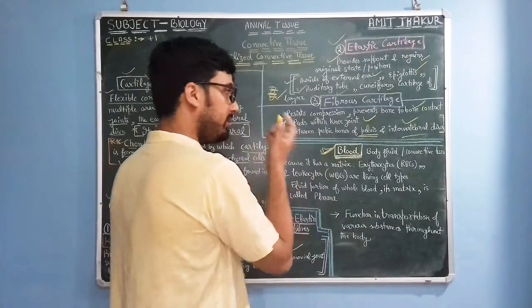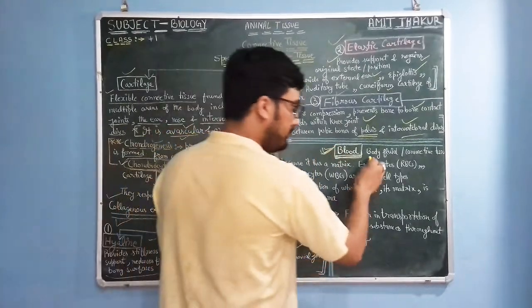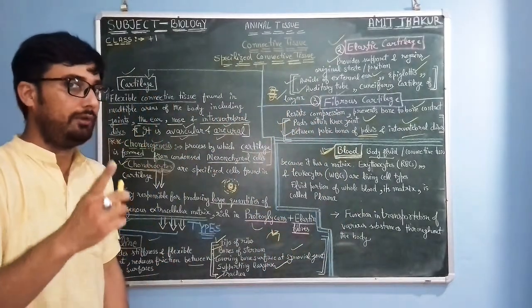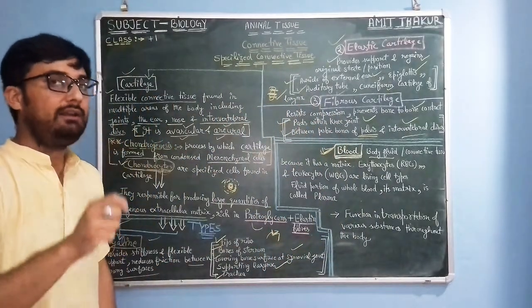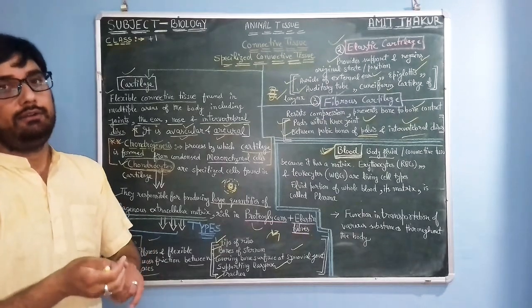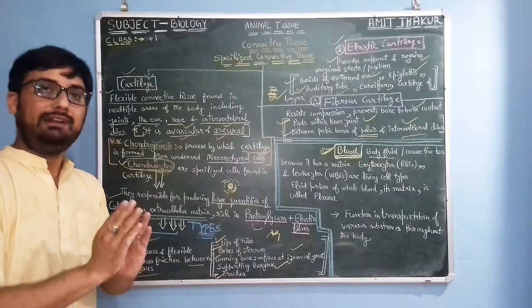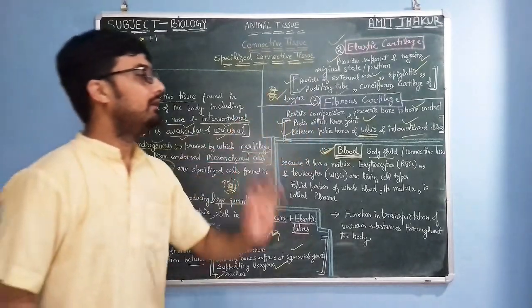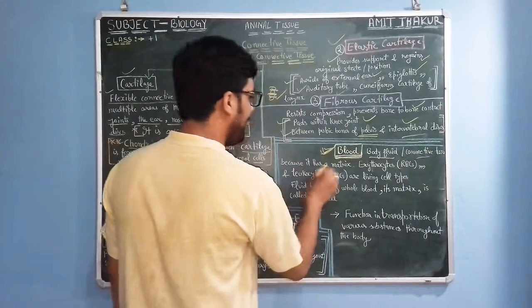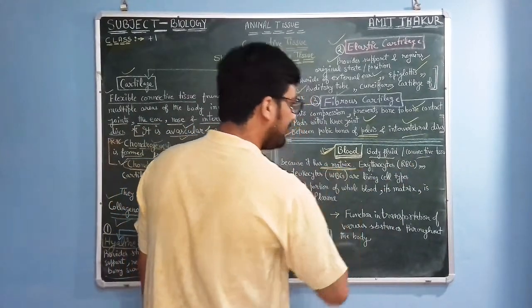So blood is a body fluid and it is considered to be a connective tissue for one reason: blood has its own matrix. Connective tissue because it has a matrix.